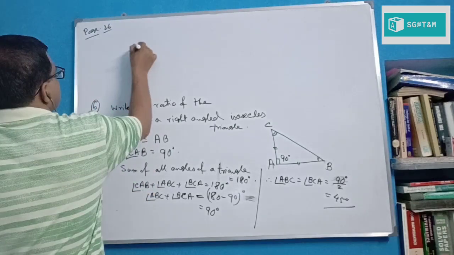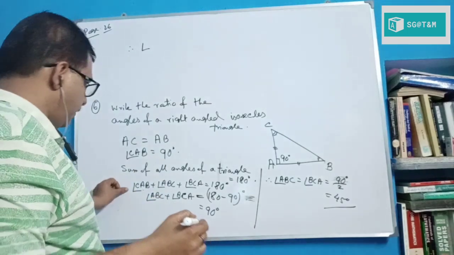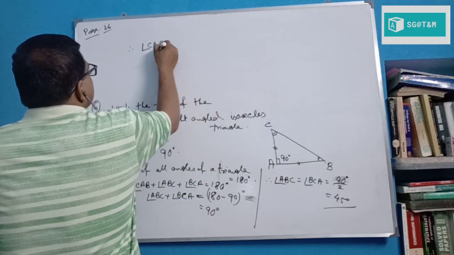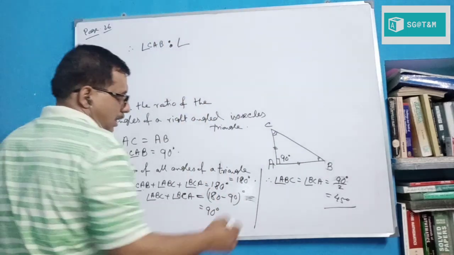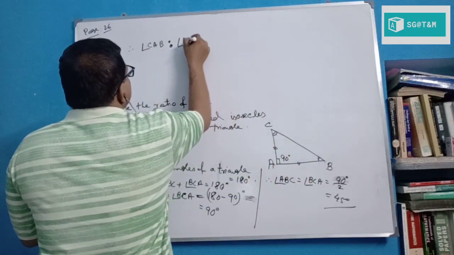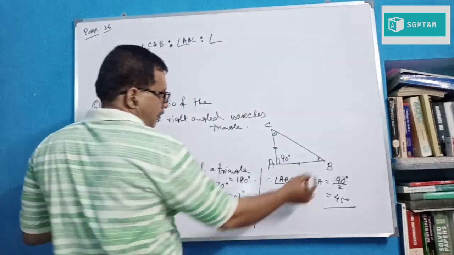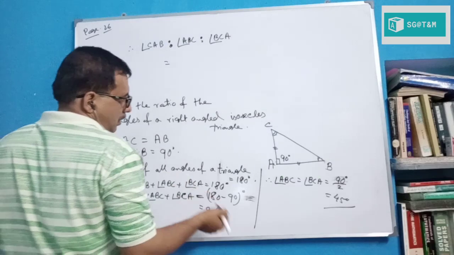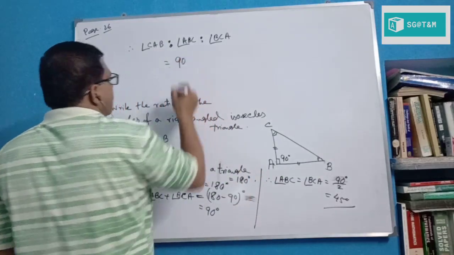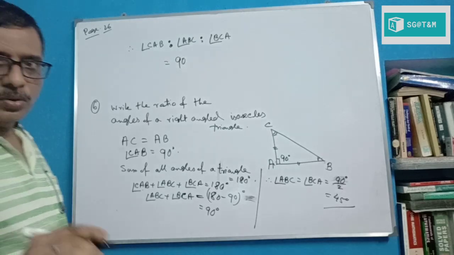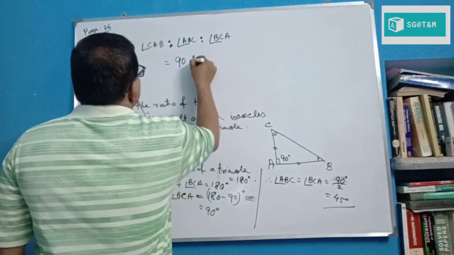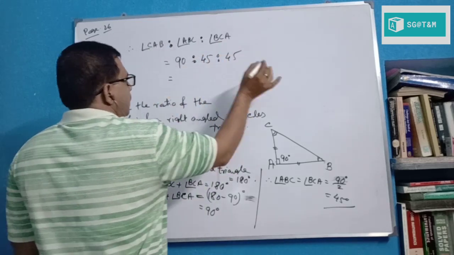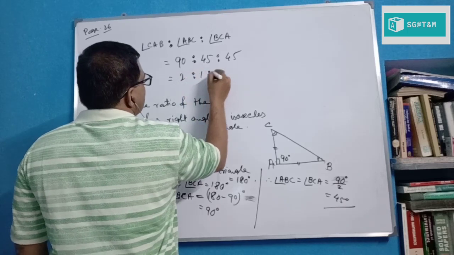Therefore the ratio, angle CAB is to angle ABC is to angle BCA, first one is 90. Again I repeat, when I write a ratio, no need to write the unit. 45, dividing all by 45, 2 is to 1 is to 1.